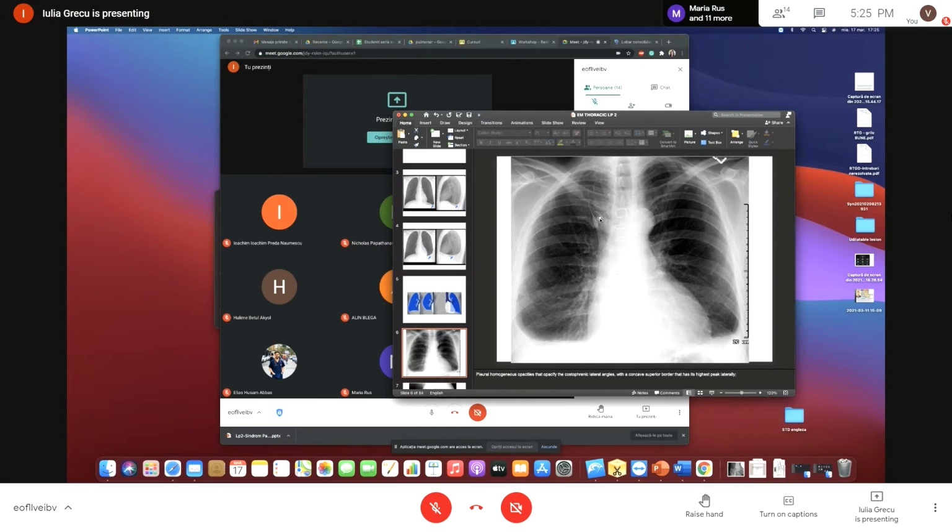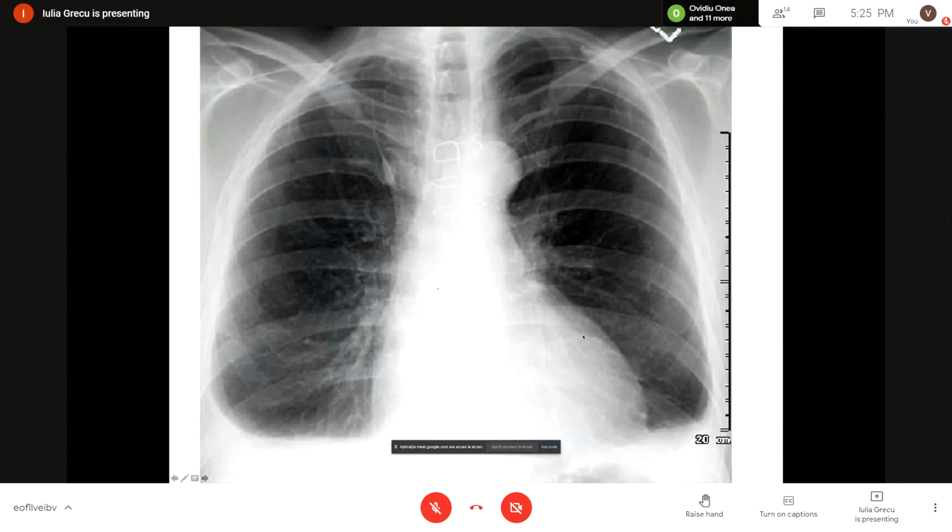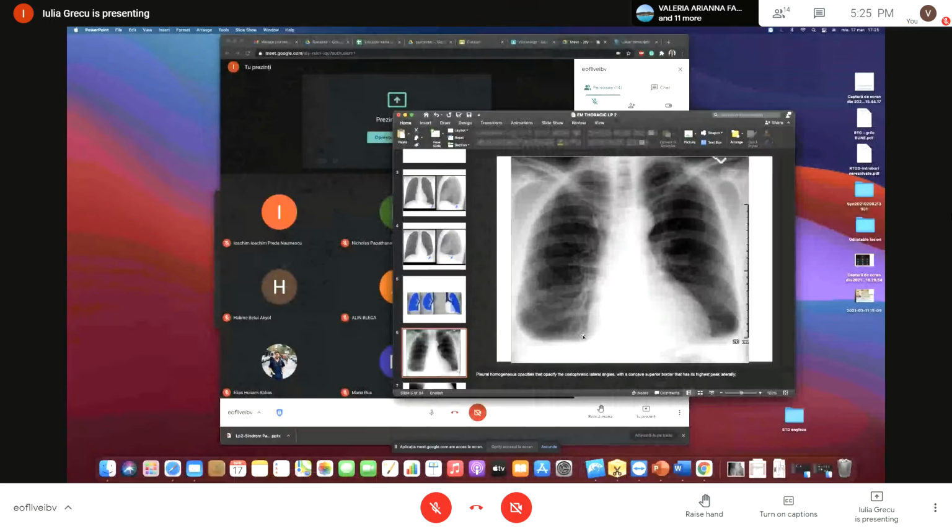What do you think is this structure here that is connected to this line here that extends all the way to the upper pleura? Joachim, is it? Yeah, that's me. Do you know what this structure is?